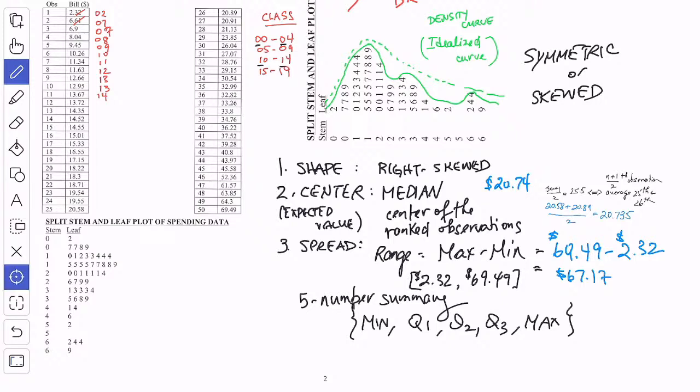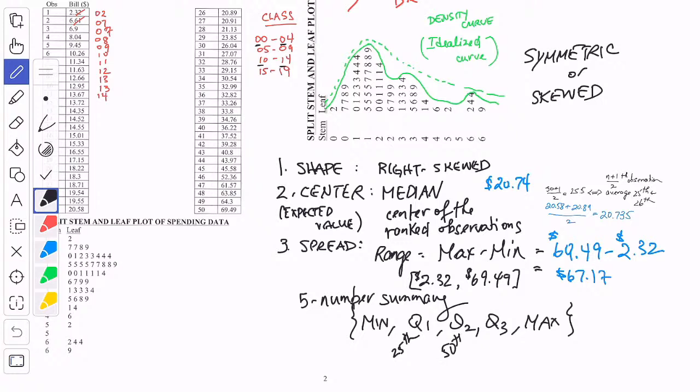So another word for these quarters is 25th percentile for the first one. So we call this the 25th percentile. This is the 50th percentile. This is the 75th percentile.